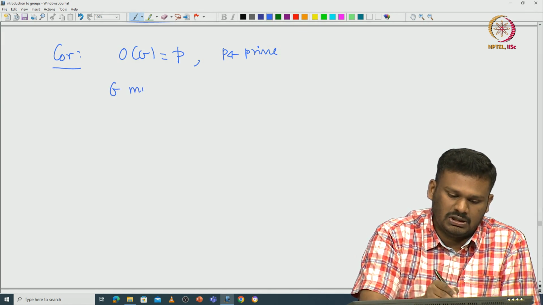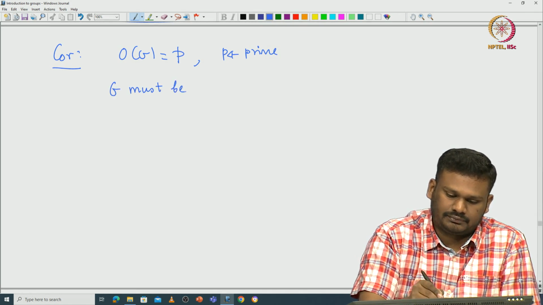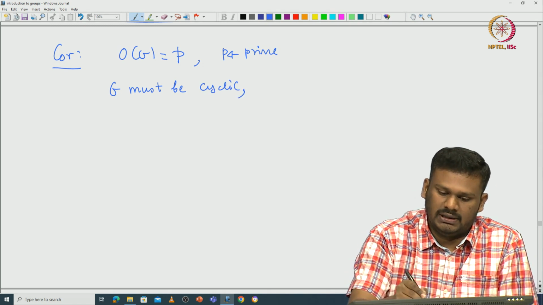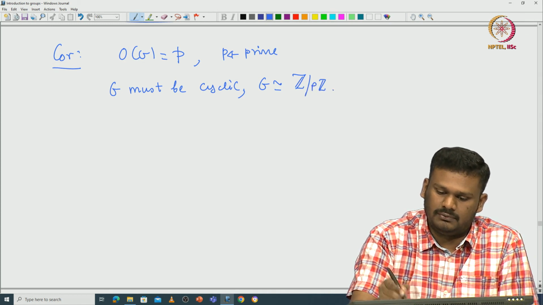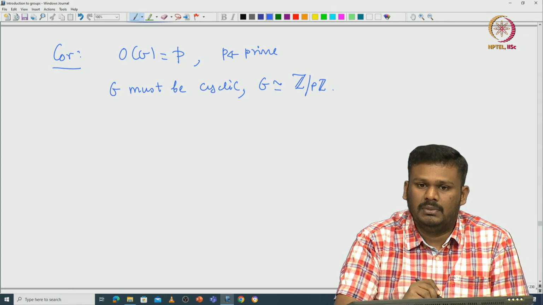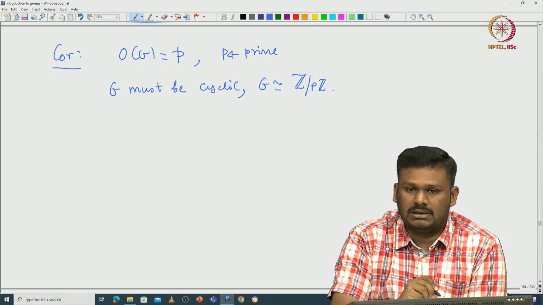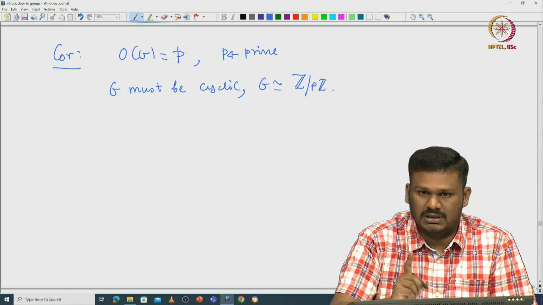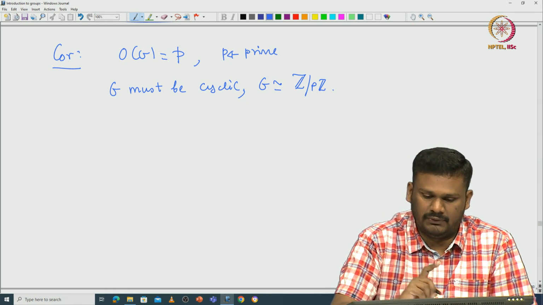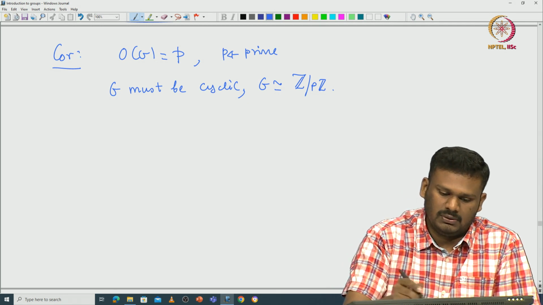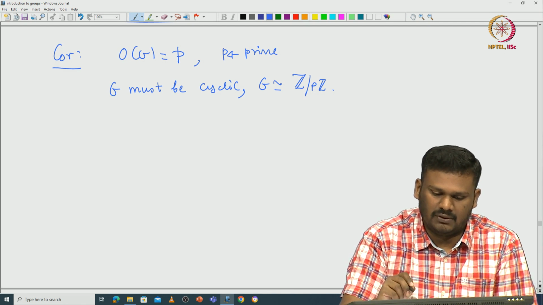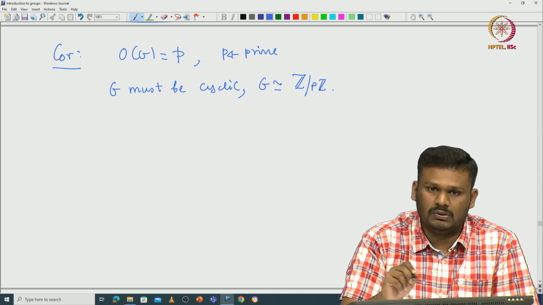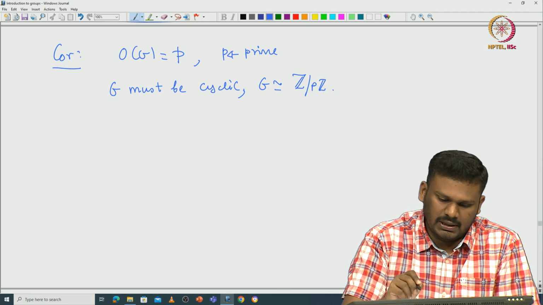Then G must be cyclic, and not only that, G must be isomorphic to Z modulo pZ. Because we know that there exists only one cyclic group of order n up to isomorphism. Once you conclude that the group is cyclic of order p, then it must be isomorphic to Z modulo pZ. So, how can one prove this?